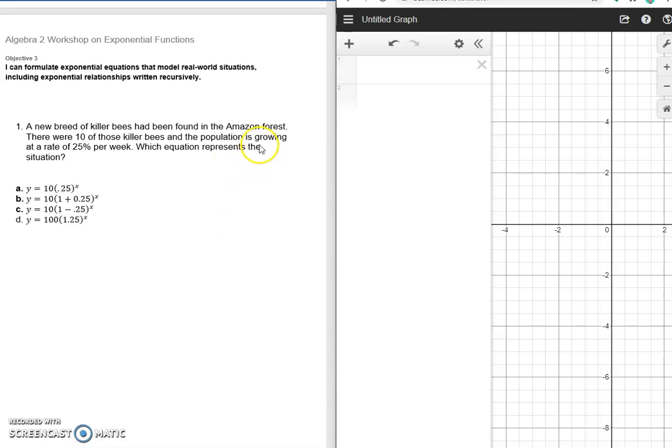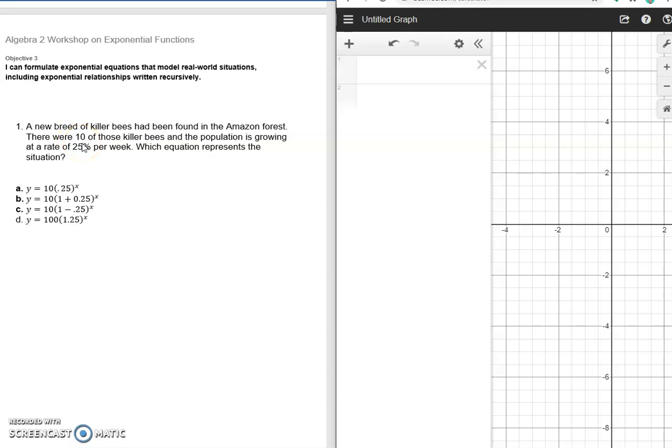So, first of all, it says growing, so this is an exponential growth. Because this is an exponential growth, the number inside the parentheses must be more than 1. Therefore, this boils down to letter B or D. Now, let's take a look at all the other information. Notice that the starting population of your killer bees is 10.